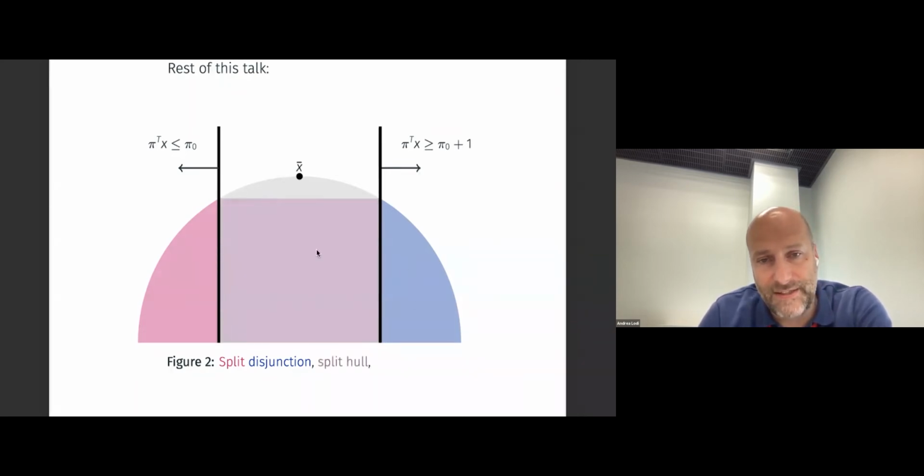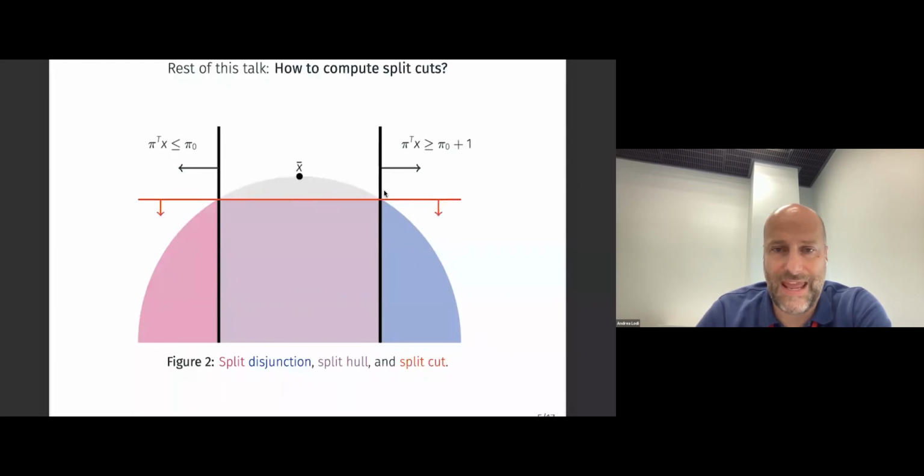This lighter pink area is the split hole. Essentially, I'm cutting off everything that is in between, and the inequality that comes out of this would ideally be a split cut, given by the intersection of the convex hull of the union of the two conic sets that are obtained by imposing the split disjunction.